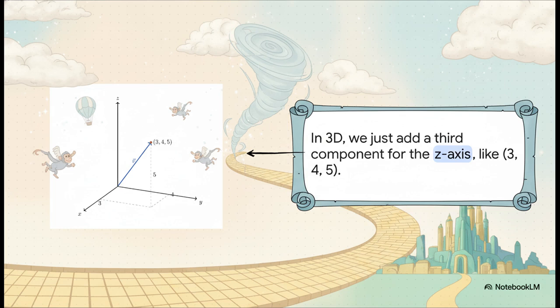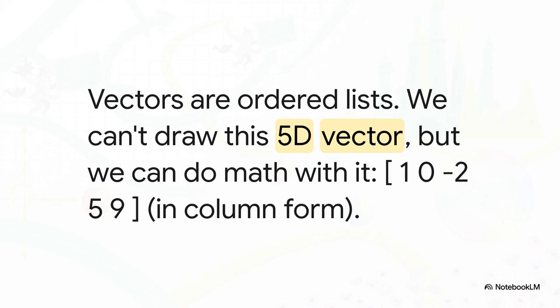All the same principles we've been talking about still apply. But now, for the real mind bender. At its core, a vector is just an ordered list of numbers. So what about a list with 5 numbers? We can't draw it, we can't picture it in our heads, but we can absolutely do math with it. And that's why vectors are the absolute bedrock of fields like data science and AI, where you might be juggling data with hundreds or even thousands of dimensions.